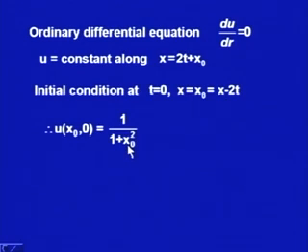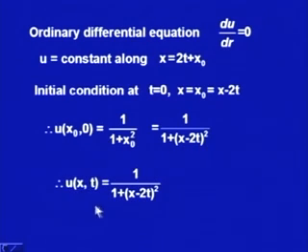So, I have to replace it by x naught square, that is, this has to be replaced as 1 upon 1 plus (x minus 2t) square, because we want the general solution in the form of x and t. So, what we have got is our general solution u(x,t) as 1 upon 1 plus (x minus 2t) square. This is my unique solution of the initial value problem.